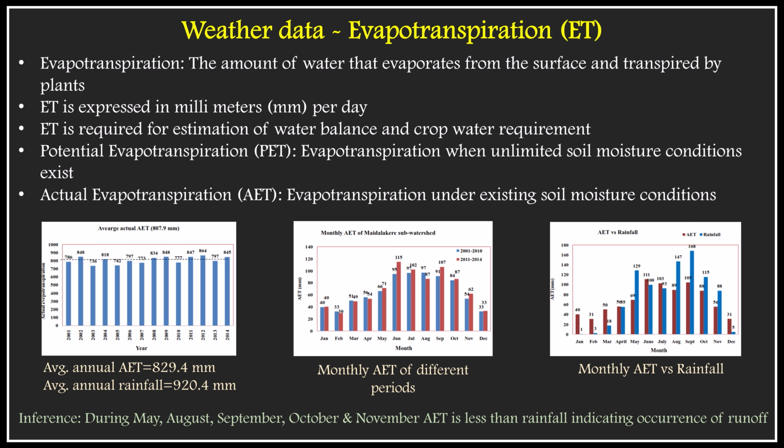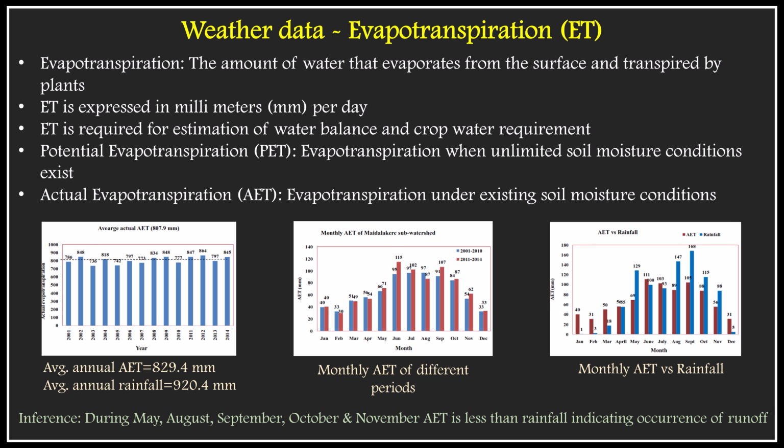We consider two types of evapotranspiration, that is, potential ET and actual ET. Potential evapotranspiration means the ET that takes place when unlimited water moisture condition exists. Actual evapotranspiration means ET that takes place under existing soil moisture conditions.